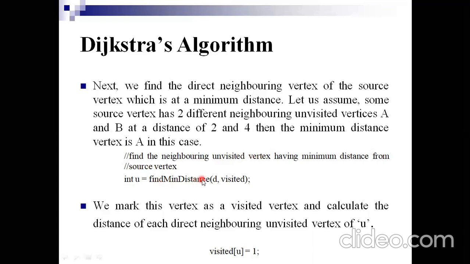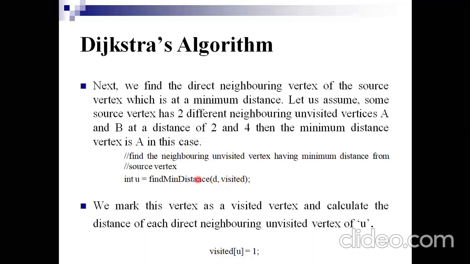Find minimum distance D. So why I used the array D here is because D array holds the distance from every vertex, right? It holds the distance of source to every vertex, right? And visited, why I need? Because I'll have to find out the vertex which has got the minimum distance in D array, which is not yet visited. So I should use visited array.